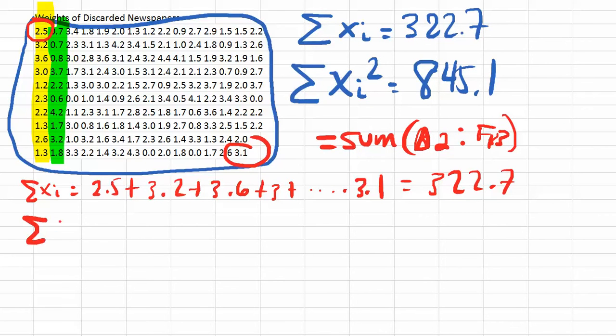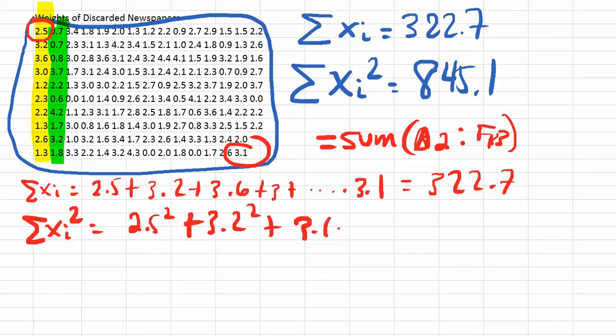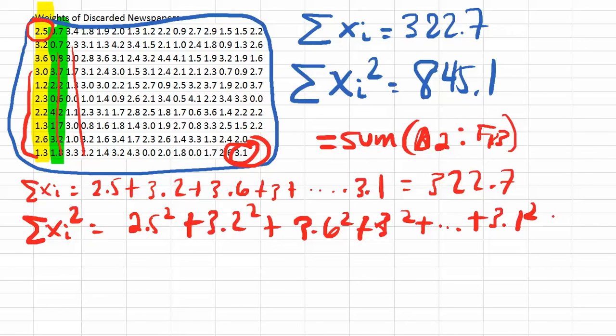The sum of xi squared is 2.5 squared plus 3.2 squared plus 3.6 squared plus 3 squared, plus all of these, all of them, all the way down to the last one, plus 3.1 squared, and that equals 845.1.